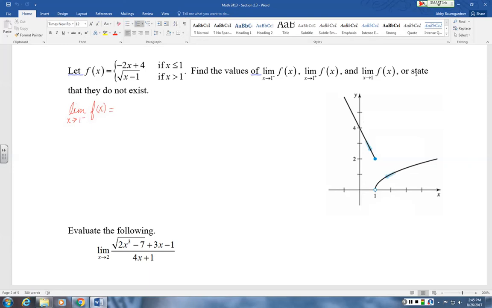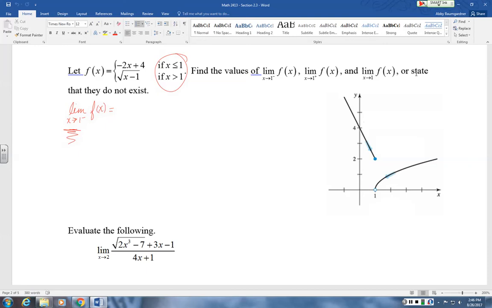The real reason I put this problem in here is for us to practice which equation we should use inside of that piecewise defined function. So what happens is we have to use a combination of the domain and what we're being asked to look at, right? We're being asked to find the limit of the function as x approaches 1 from the left.